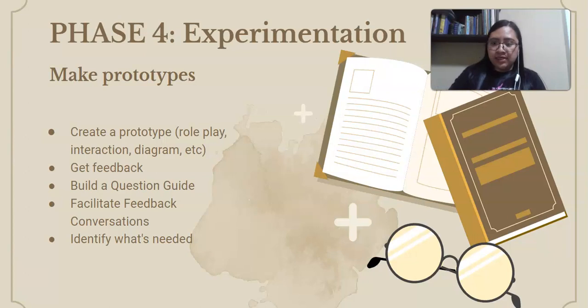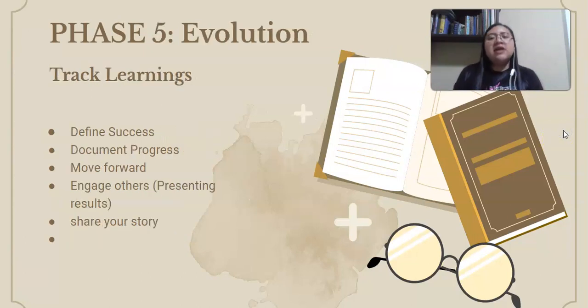Then you get feedback. You're going to give feedback. You can build a question guide, and with the question guide you facilitate feedback conversations. Identify what's needed and work on that. Then the evolution, you track learnings, define success, document your progress, move forward, and work on the solutions. Okay, work on the solutions.